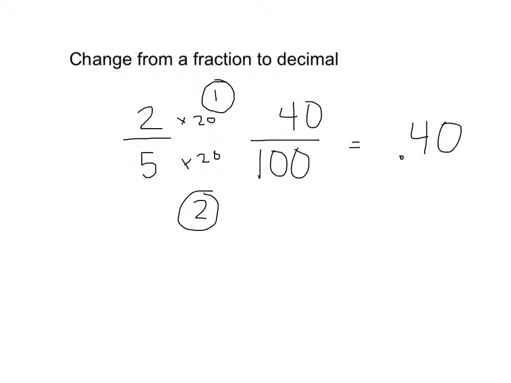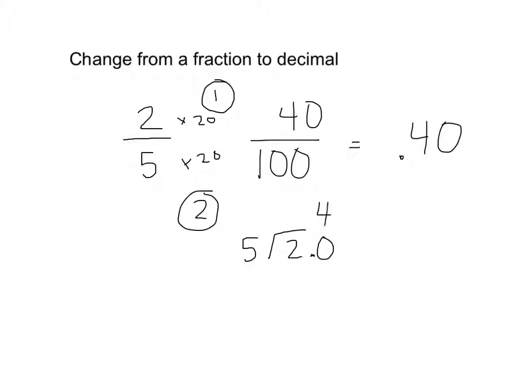Option number 2, I can just go ahead and use division. 2 divided by 5. I'm going to take 2, divide it by 5. Actually, I'm going to erase this right here. I don't like that. Okay, better. I'm going to take 2, divide it by 5. 5 doesn't go into 2, but 5 does go into 20.